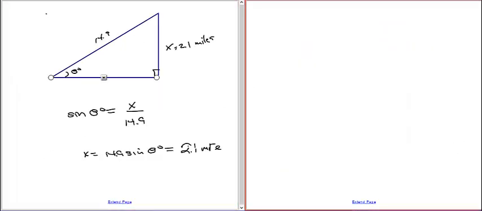Okay, so those are the first three. The next one is just some vector addition. We had vector u is 3, 4, and vector v is 7, -2.